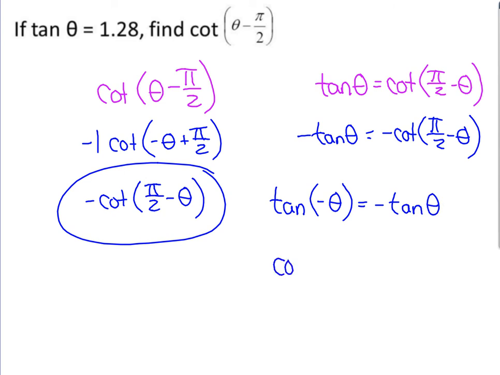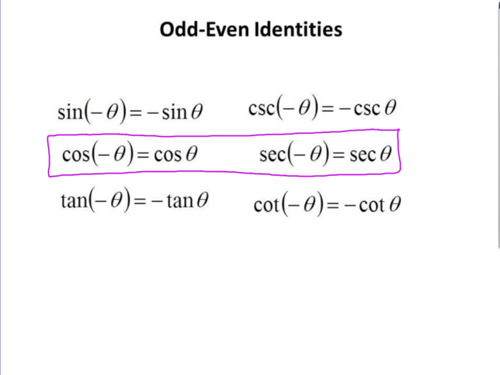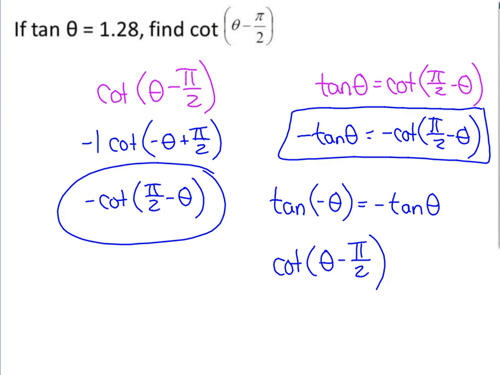So if we need to find the cotangent of theta minus pi over 2, this is equivalent, remember, to the negative tangent. Since tangent is an odd function, when you put in a negative here, it just is going to come out as a negative here. So cotangent of theta minus pi over 2 will just be a negative 1.28.